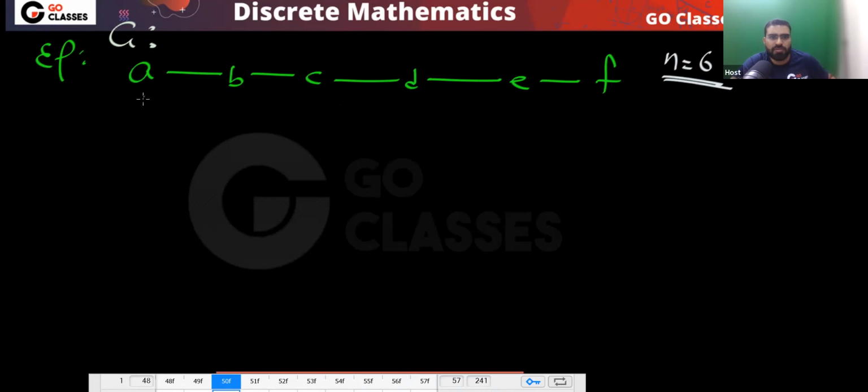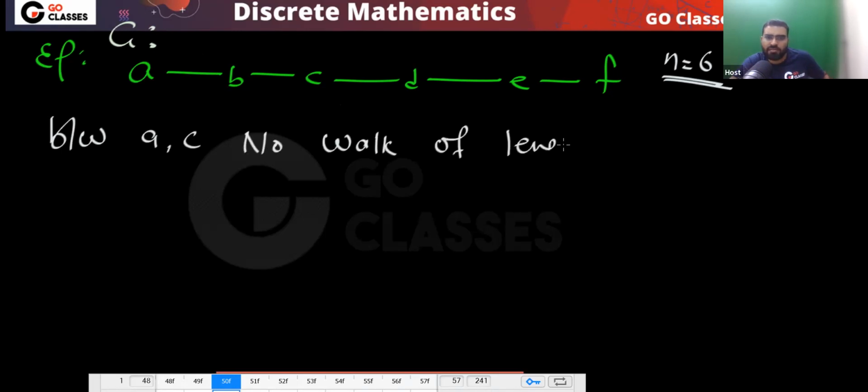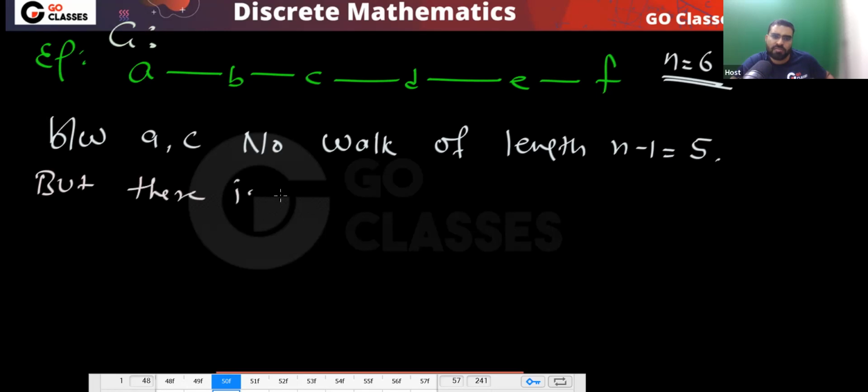No walk of length n minus 1, which is 5. Is this clear to everyone? But there is a walk of length 2. There is no walk of length 5, but there is a walk of length 2.